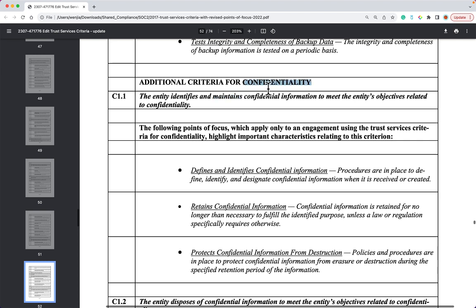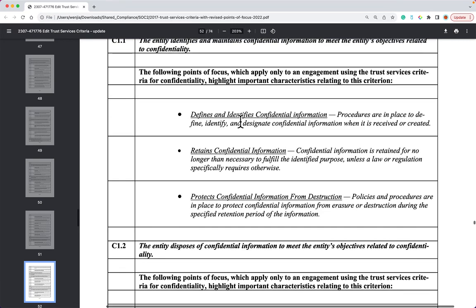Since they are principles, they are points of focus for confidentiality. First you need to know what is confidential among all the data in the company, the organization, which part is confidential, and then after identifying we can maintain it.